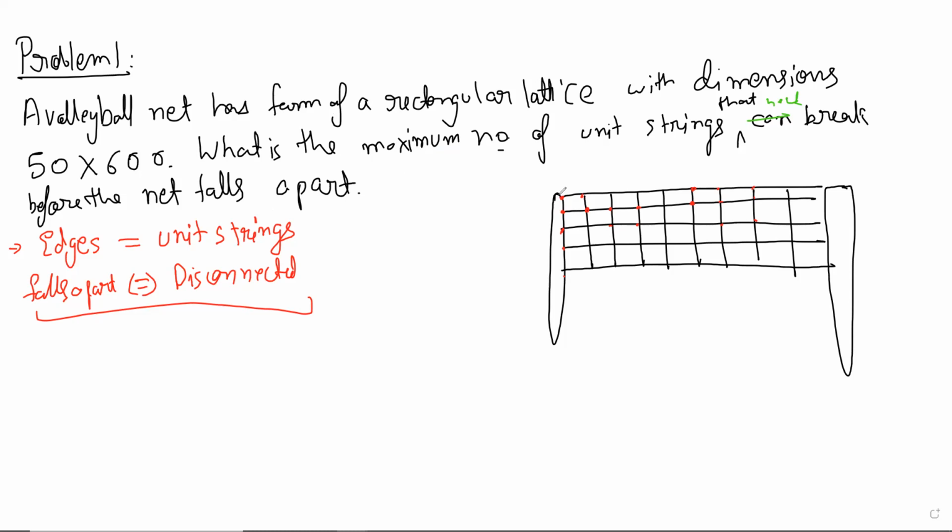Even from a graph theoretic sense, if you remove this edge, then it's a disconnected graph, because this red point is now disconnected. You can't reach it. So these are very simple observations. Let's come back to the actual question.